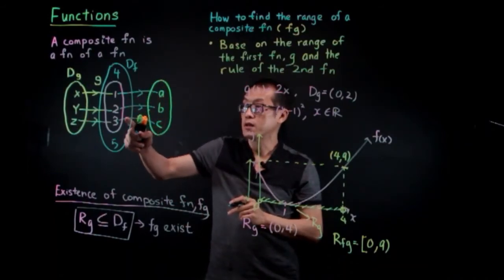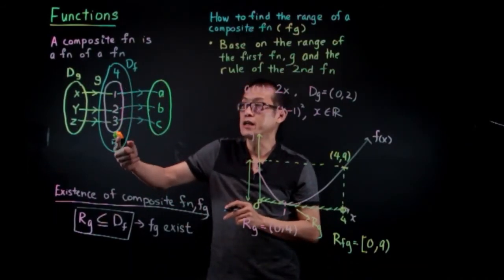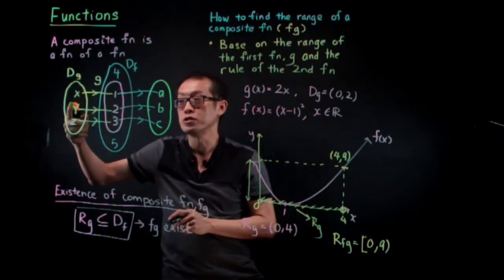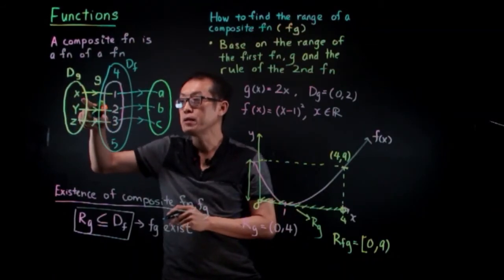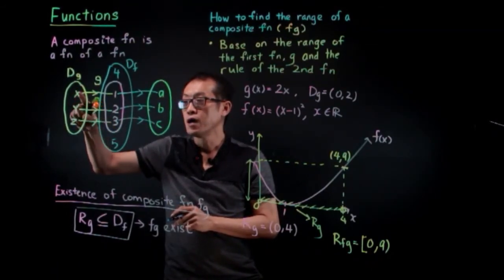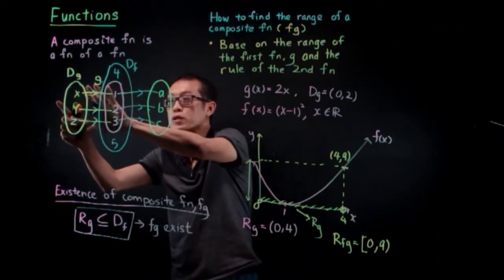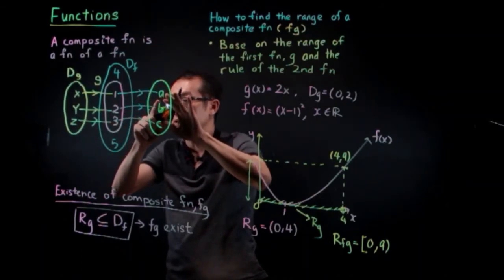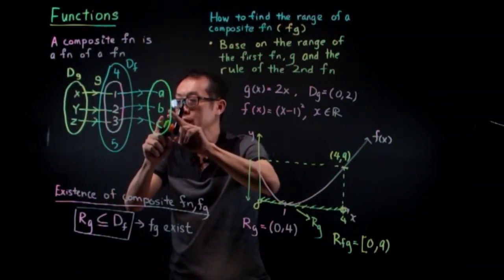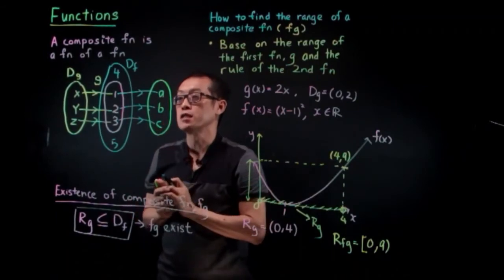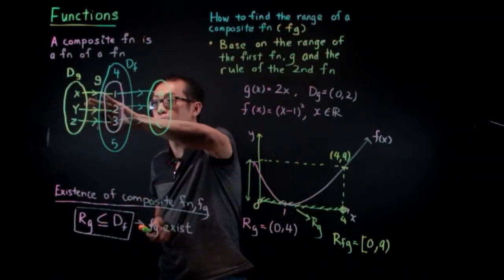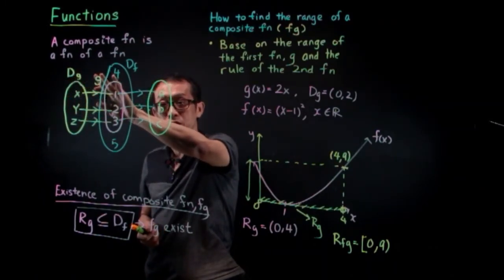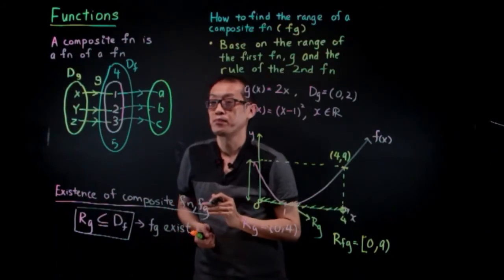If you look at this, 4 and 5 do not have any images, but 4 and 5 are not part of the range of g. Every member in the domain of g has an output. Because if I put this into a composite function, then x will map into a, y will map into b, z will map into c.